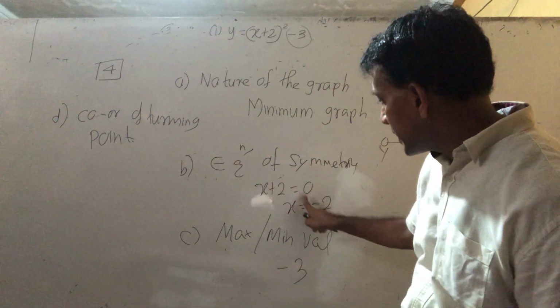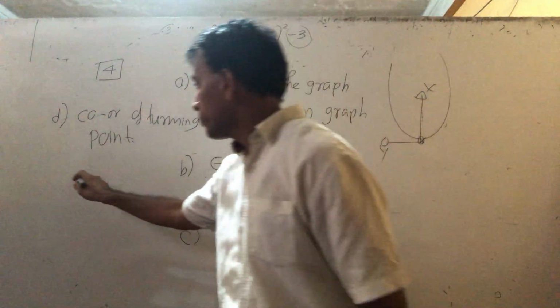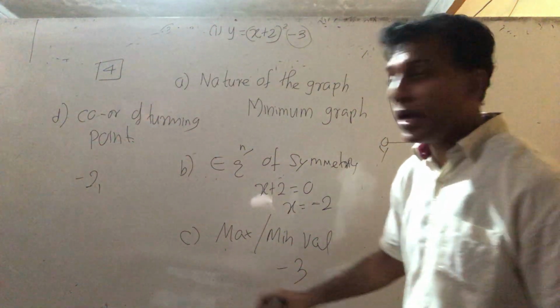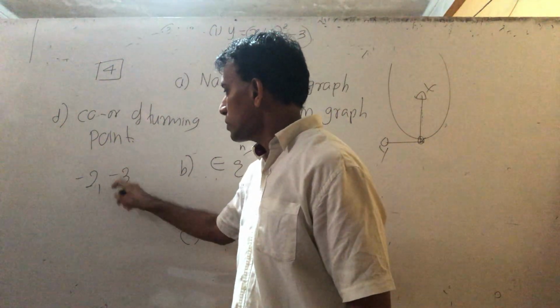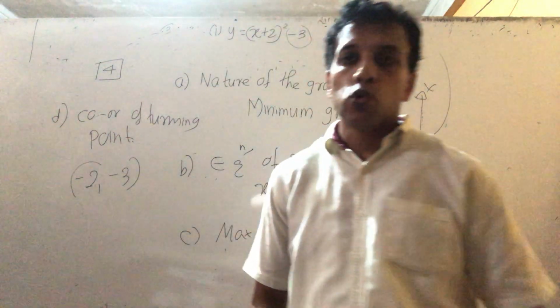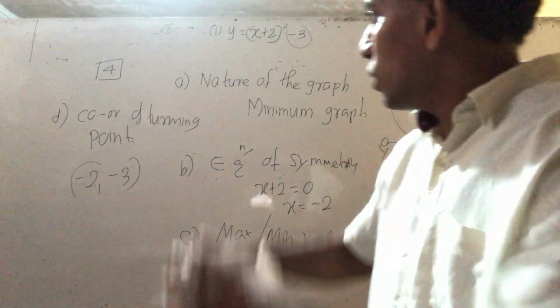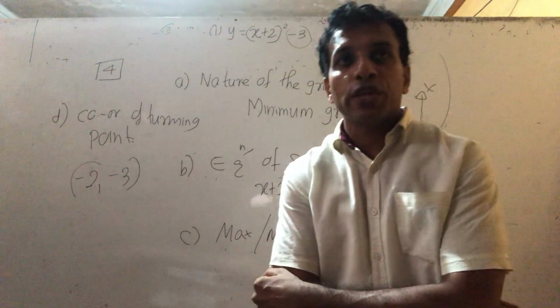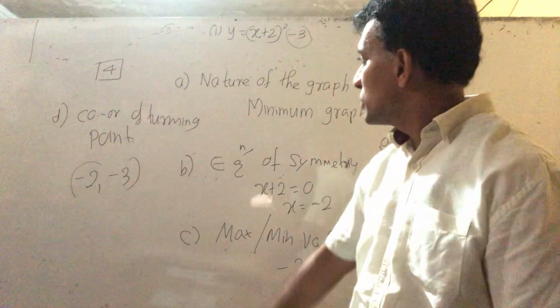So here x is minus 2, comma, the minimum value y is minus 3. Minus 2, comma, minus 3 is the full answer for the first question, y equals (x plus 2) squared minus 3.